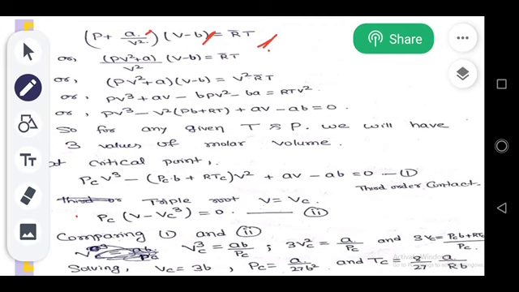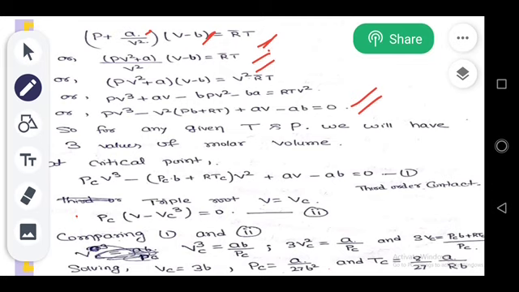So now we can expand this. Just multiply the term P into b like this. So you just have to expand it. So you will get a cubic equation something like this: P v cube minus (b P plus RT) v square plus a v minus a b is equal to 0.